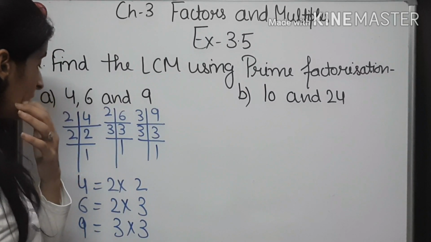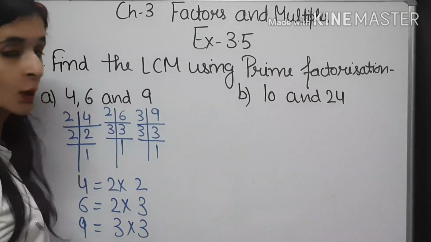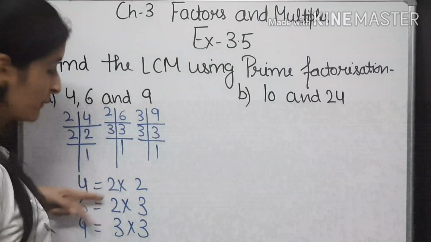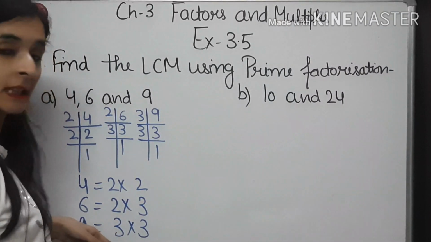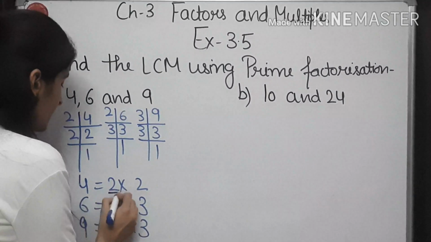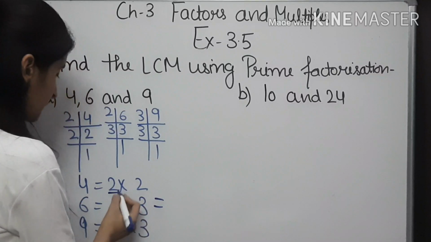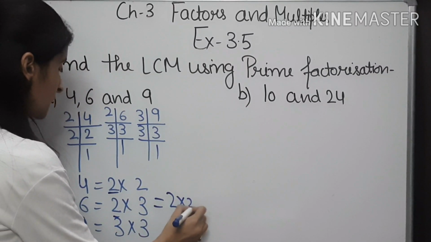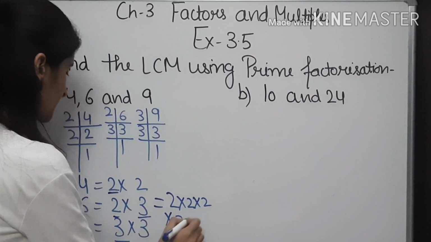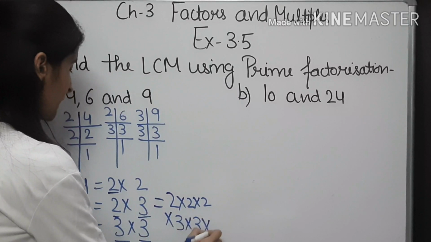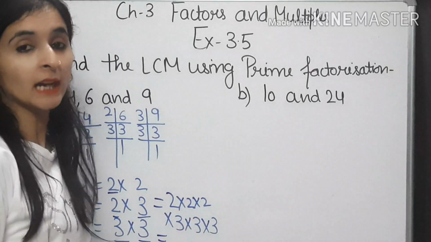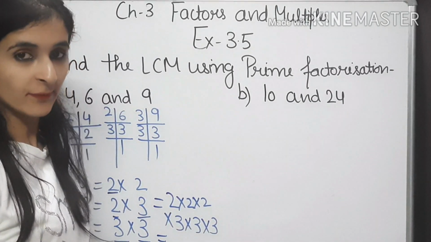So children, here we do not have any common prime factors, because this 2 is a common prime factor of 4 and 6, but it is not in 9. Okay, so here we will take these separately. So 2 multiplied by 2 multiplied by 2 multiplied by 3 multiplied by 3 multiplied by 3. Okay, this is for the case when you do not have any common prime factor.